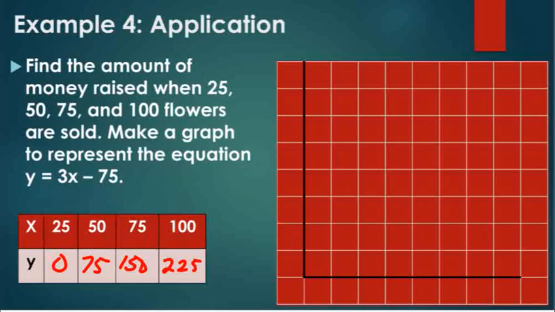So let's count by 50s. So 50, 100, 150, 200, 250. And then on the bottom, we can count by 25s. So 25, 50, 75, 100.